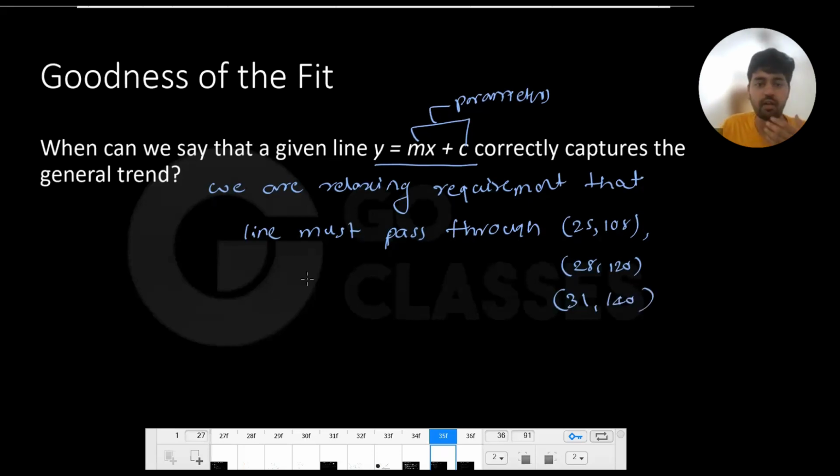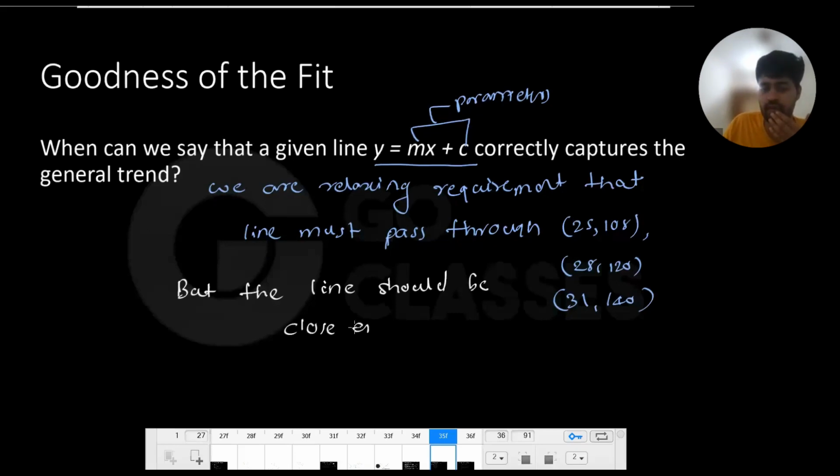We are not relaxing entirely, but the line should be close enough. Again, we will define what we mean by close enough, right? Or we can also say approximately passes. Approximately passes. Right, so we'll define what that is.